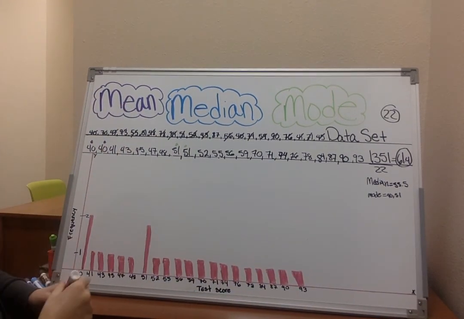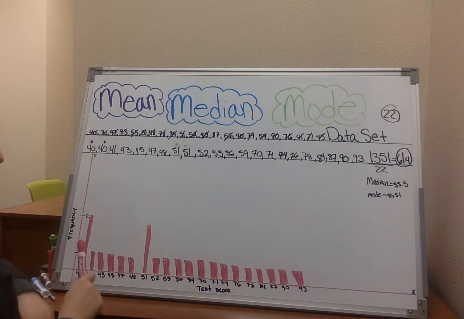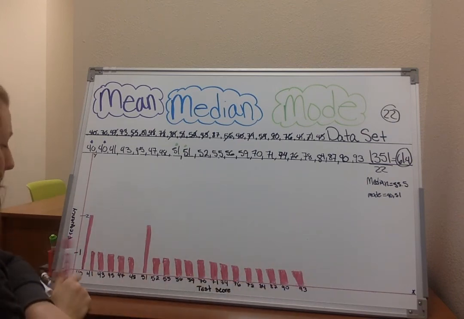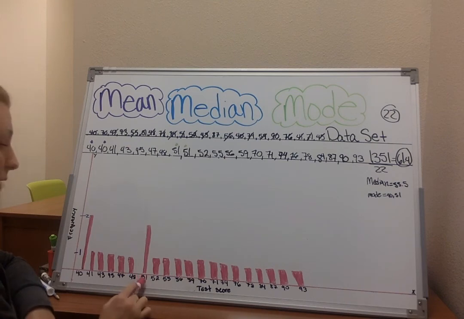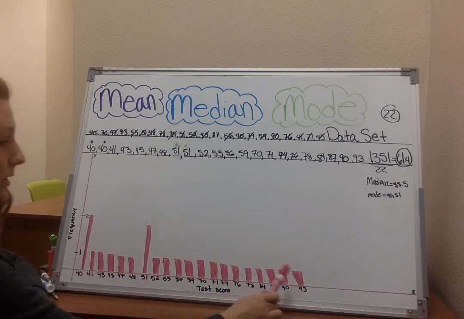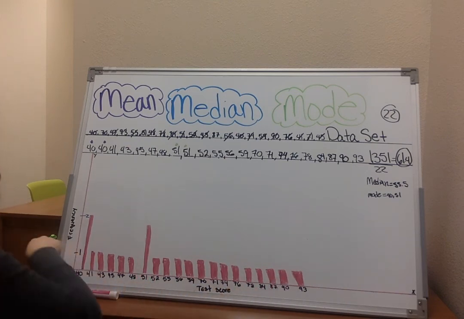So, out of all of our numbers in our data set, we have 22 test scores. 2 tested 40, 1 tested through 41 through 48, 2 tested at 51, and the rest tested the same number.